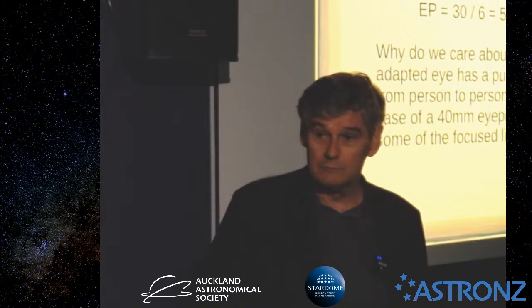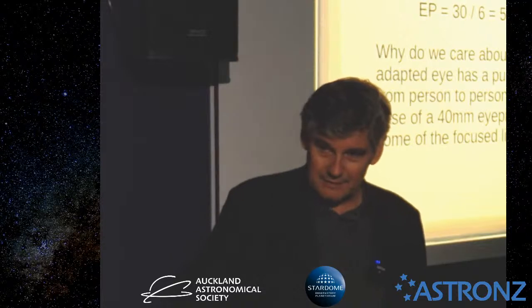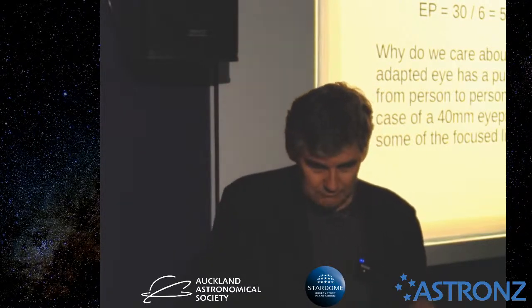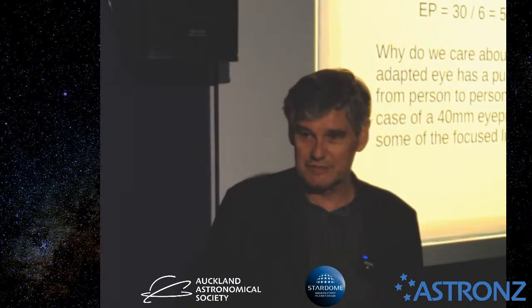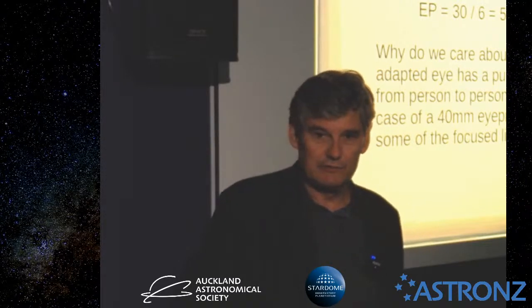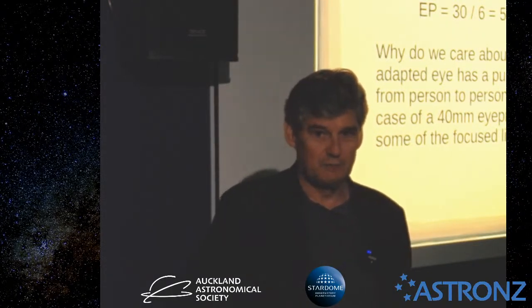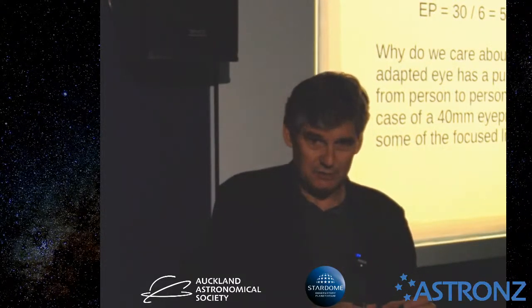And so it works out that the separation between those two central parts of the image of the star depends on the size of the mirror. So essentially, the bigger the mirror, the more separation you get between them, and the easier it is to resolve the two stars rather than just seeing it as one star.